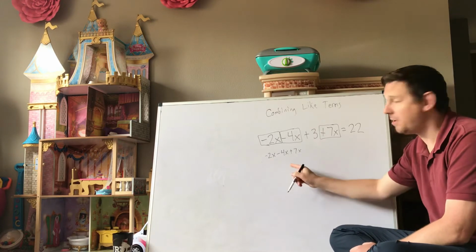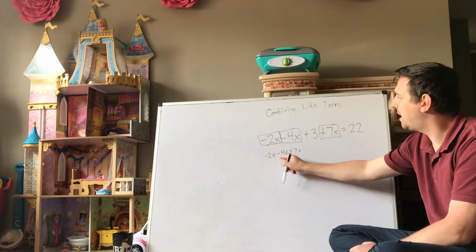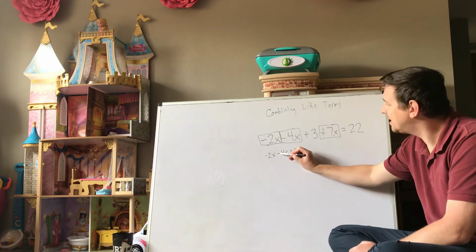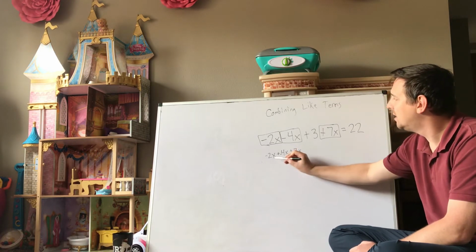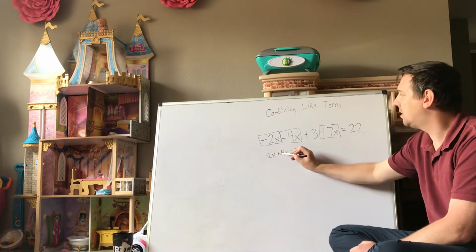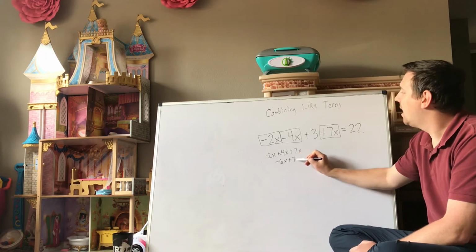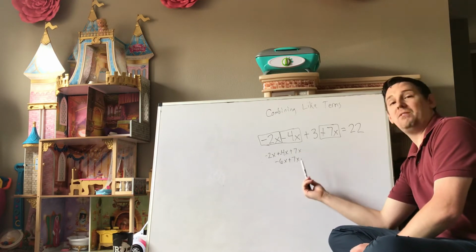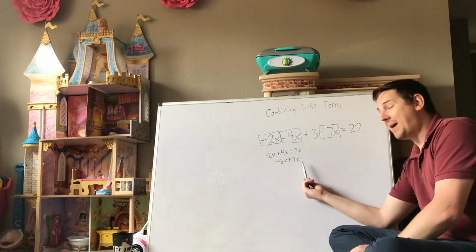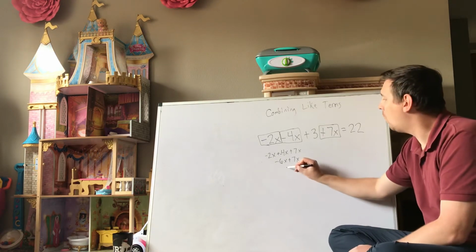I'm going to go left to right. Negative 2x's minus 4x's. I don't like to subtract. I'd rather add the opposite. So 2 negatives plus 4 more negatives is 6 negatives. And now we're combining that with 7 positives. What's there more of? Positive 7. How many more? 1.